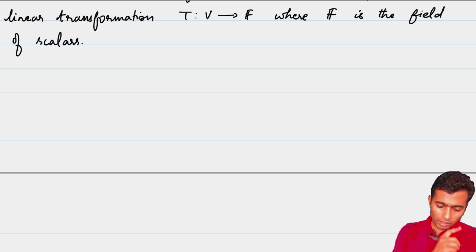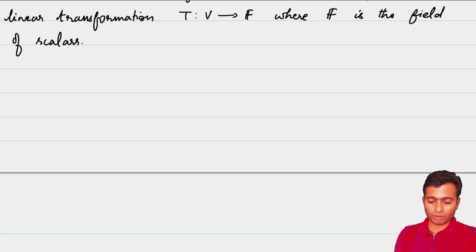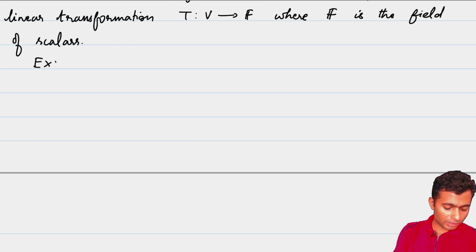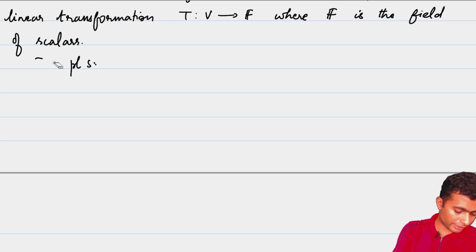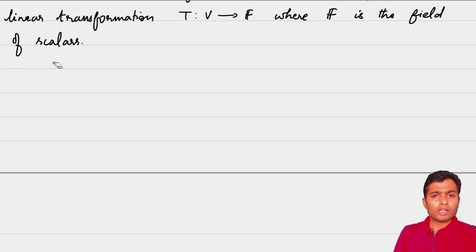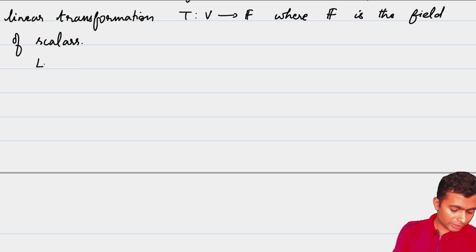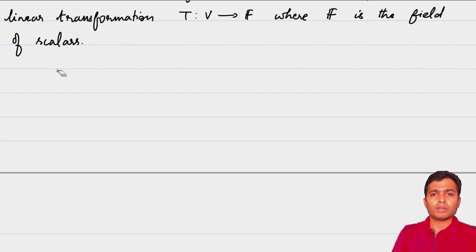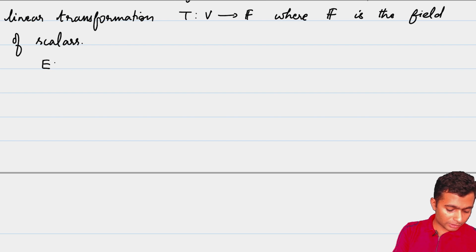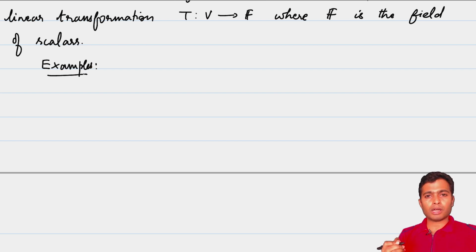So recall that there were quite a few examples which we have already seen. So let's see a few examples of linear functionals as well. So examples. Let's first consider R3.